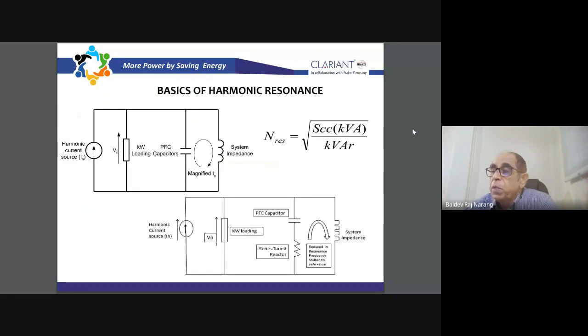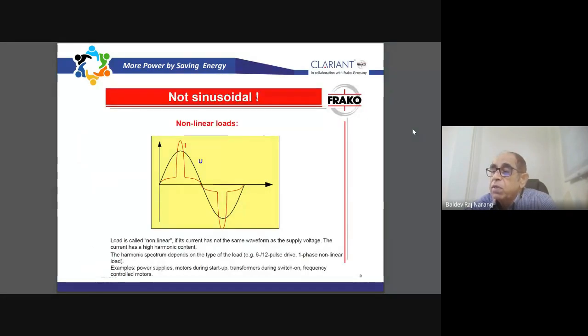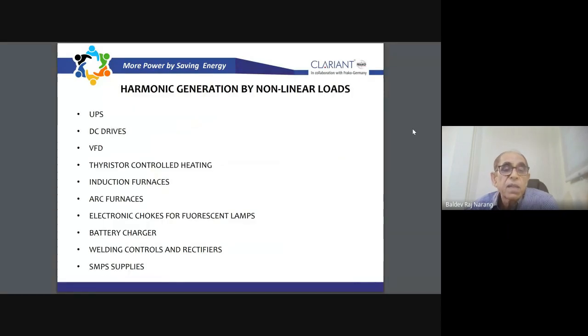Then we have UPS, DC drives, VFDs. Then thyristor controlled heating. Again, here we don't use the full sine wave. We fire it at a different angle for control, and we are chopping off the voltage. So we have non-linearity here. Then induction furnaces are non-linear, arc furnaces, electronic chokes, lighting.